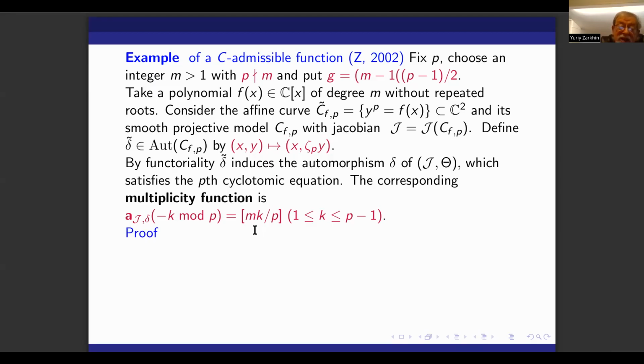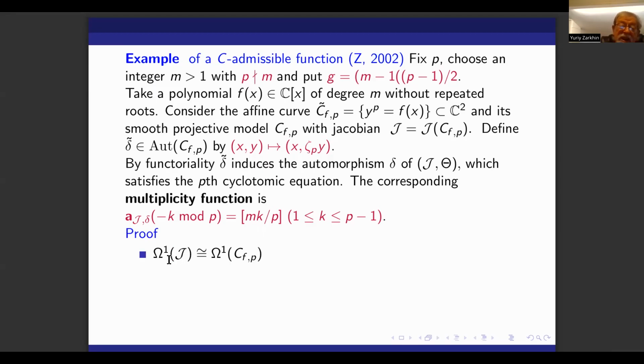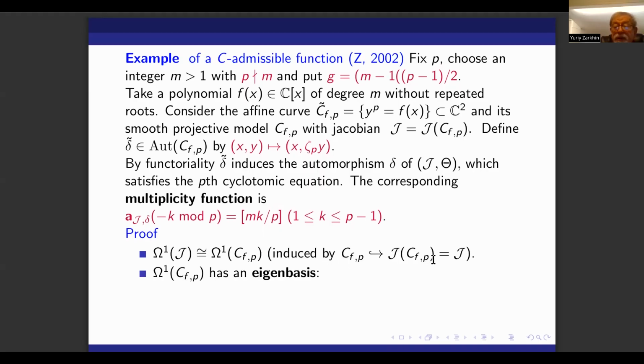Well, let's check that it's correct. It's well known that there is a canonical isomorphism between differentials of the first kind on the Jacobian and on the curve, induced by our embedding, and this isomorphism is equivariant with respect to our periodic automorphism. Now we may write down explicitly the eigenvalues on the differentials of the first kind on our curve.